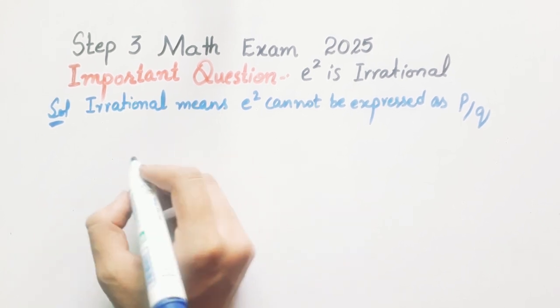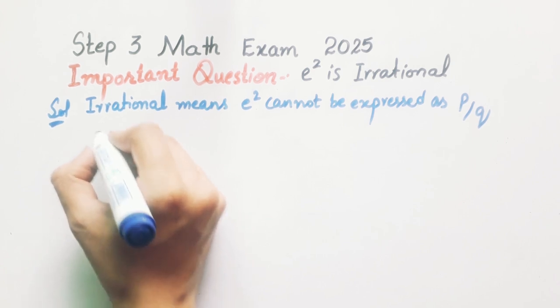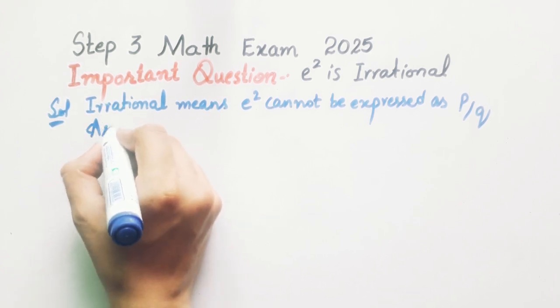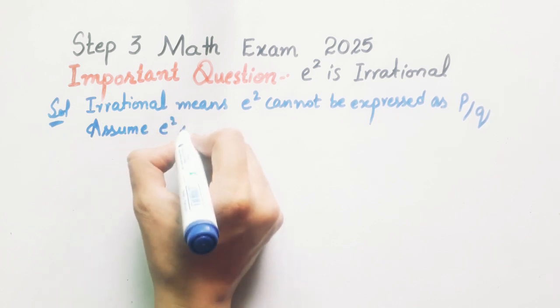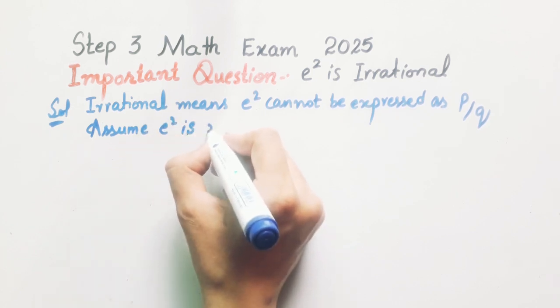So we will solve this by contradiction, that is, assume e square is rational.